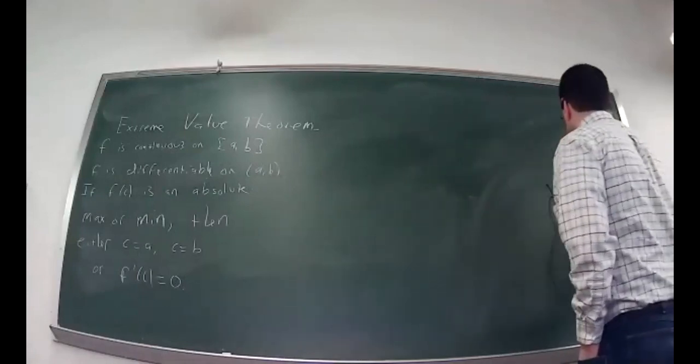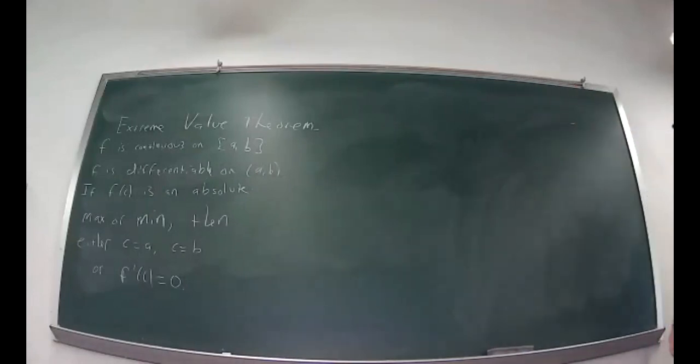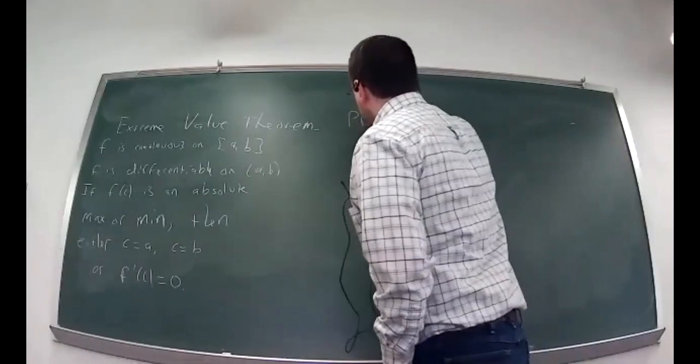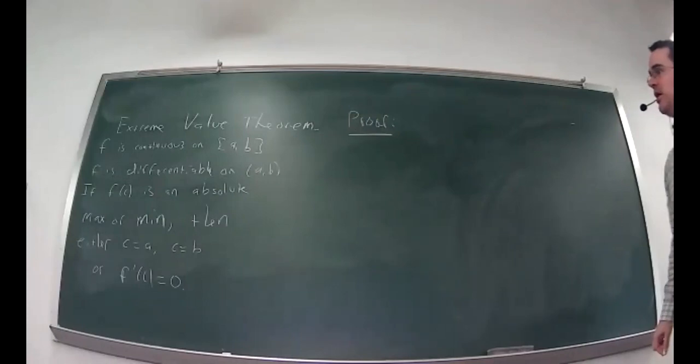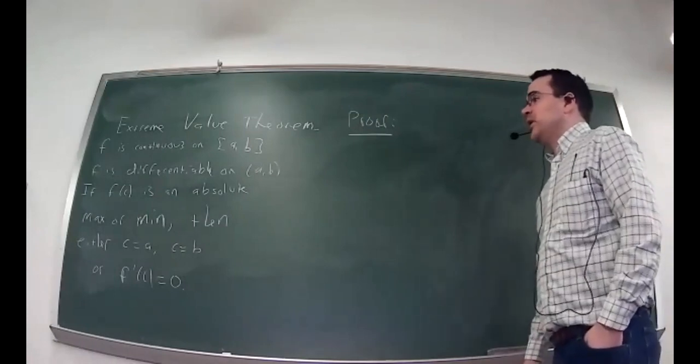And so this theorem is going to help you. It gives you a way to calculate absolute maximums and absolute minimums. And the proof for why this is true, again, check out the video for another explanation.